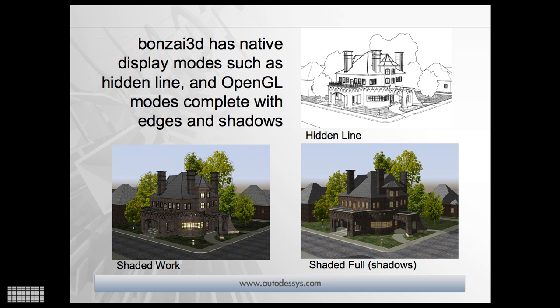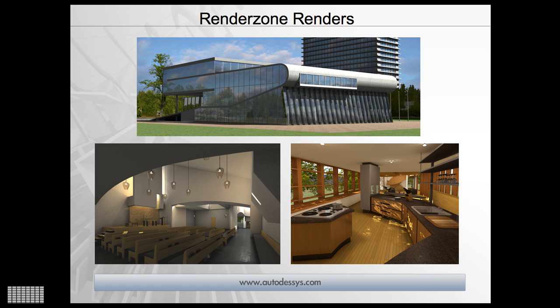If you want more realism, you can opt for rendering still images using plug-in renderers like RenderZone or Maxwell. RenderZone is a product offered by us here at Autodesk, and these are some images of projects rendered with RenderZone. RenderZone is a faster renderer than Maxwell. However, Maxwell has features that make the renders more realistic, so it can certainly be worth the extra rendering time.